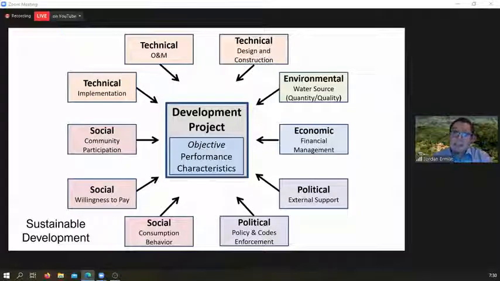And one of the things that often gets neglected is the political framework around sustainable development. This is where that external support comes into play, whether there's governance or certain rules and regulations that are associated with a particular project. So this is a framework which is a lot different than just sustainability. Sustainability looks at the environmental constraints and sustainable development looks at all of these holistic elements.